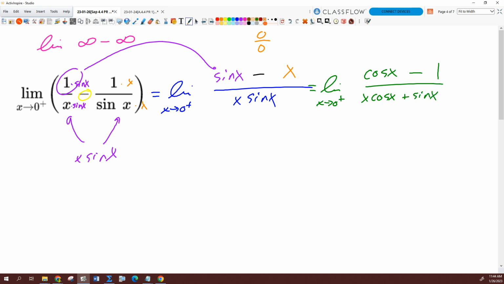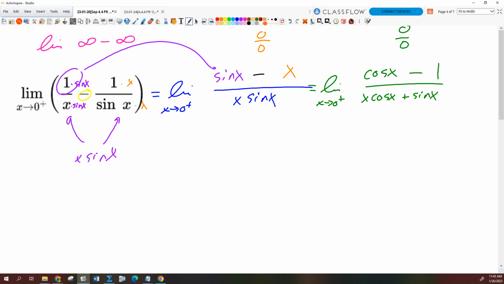Plus sine x times 1, right? Something like that. Okay. All right, let's try it. If I evaluate that one at 0 plus, I'm going to get 1 minus 1 is 0. On the bottom, I'm going to get 0 plus 0 is 0. Still indeterminate, right? That still fits 0 over 0.